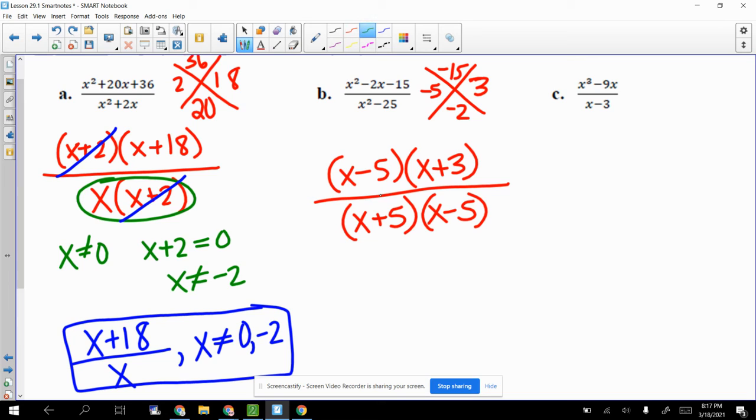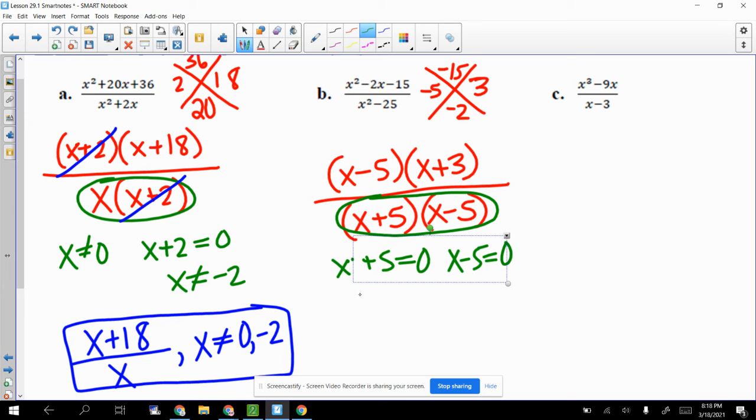Okay. Then again, step 2, let's write these restrictions. So you have x plus 5 equals 0 and x minus 5 equals 0. So x cannot equal -5 and x cannot equal +5.